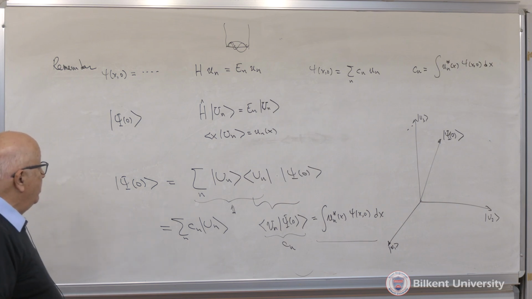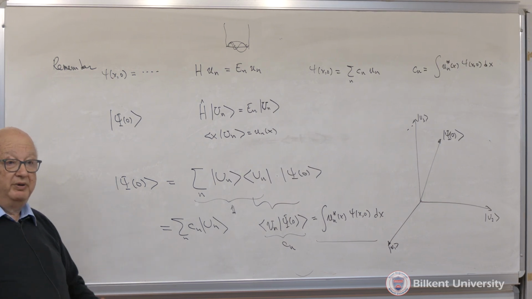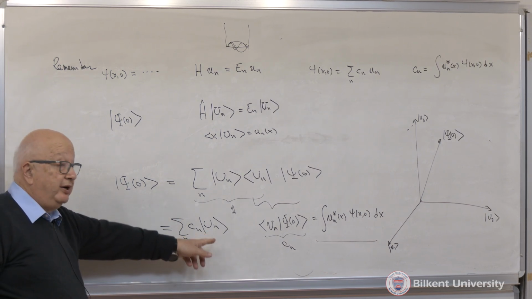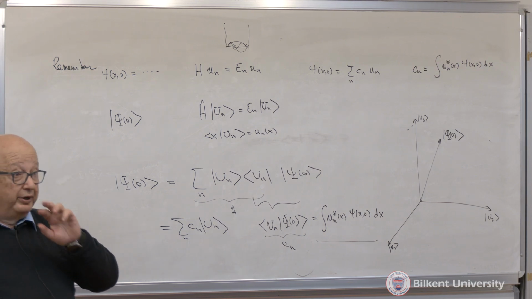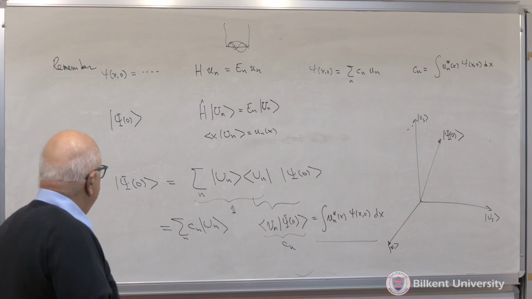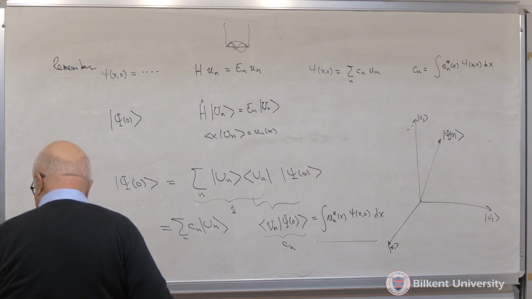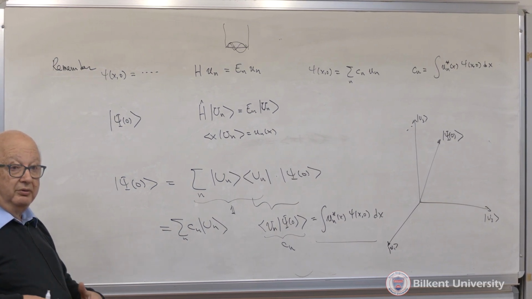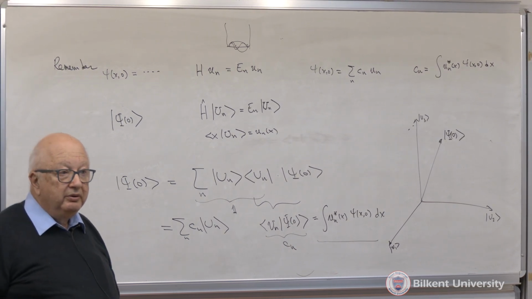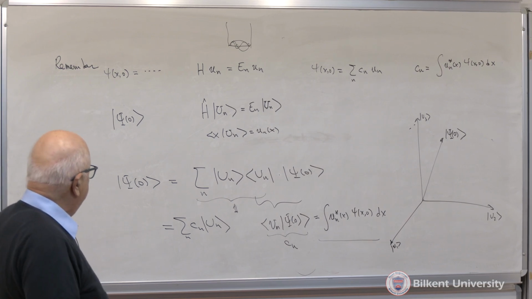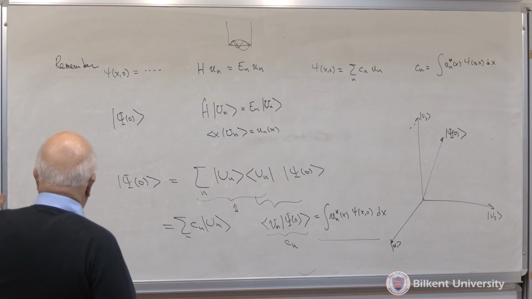Now, if I want to see these things as a function, because it's still abstract vectors, these are ket vectors, these infinite dimensional, perhaps not funny, scary, very complicated vectors, I can always relate them to functions.